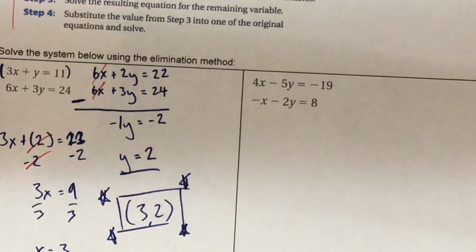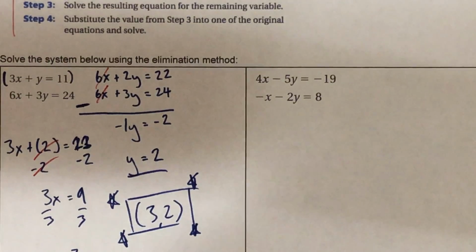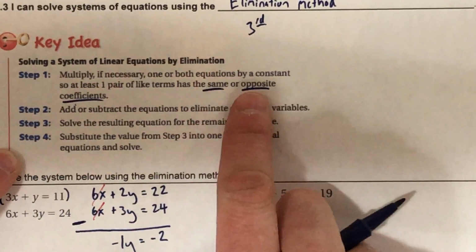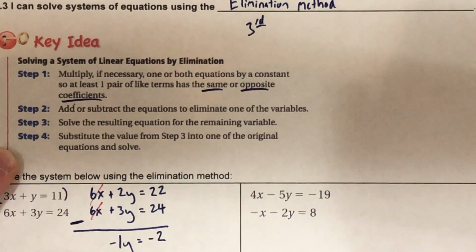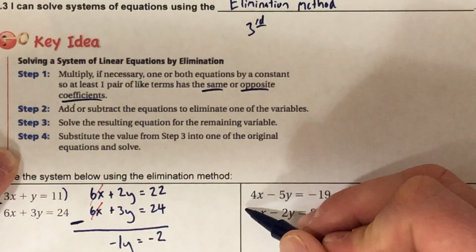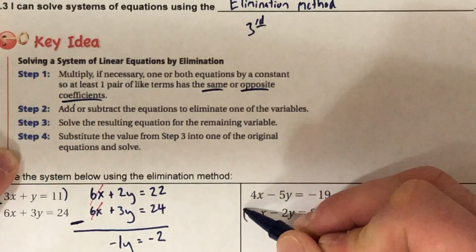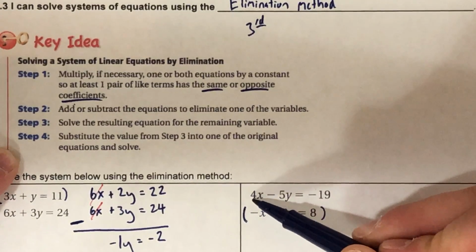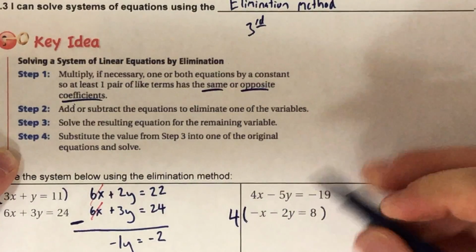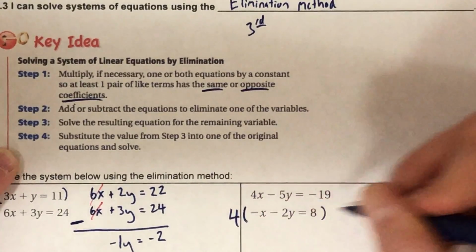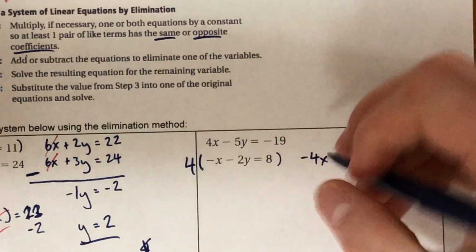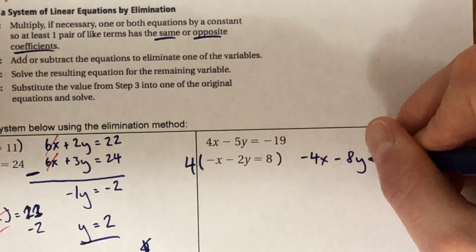All right, so if I'm looking at the second system of equations, I need to get a same or opposite coefficient of one of these variables. So let's go ahead and take this bottom equation this time, and I'm going to multiply this whole equation by 4. 4 times negative x is negative 4x. 4 times negative 2y is negative 8y.